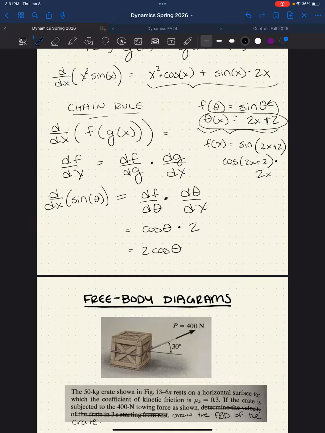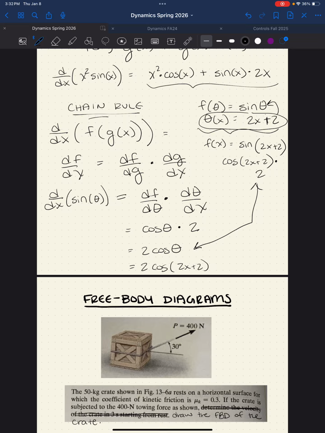Okay, which is exactly the same as what we have down here. If you were to substitute in theta here, we'd have 2 cosine of 2x plus 2. Same exact answer. Oh, wait, sorry. I did the derivative here wrong. So just 2. Derivative of the inside is 2.